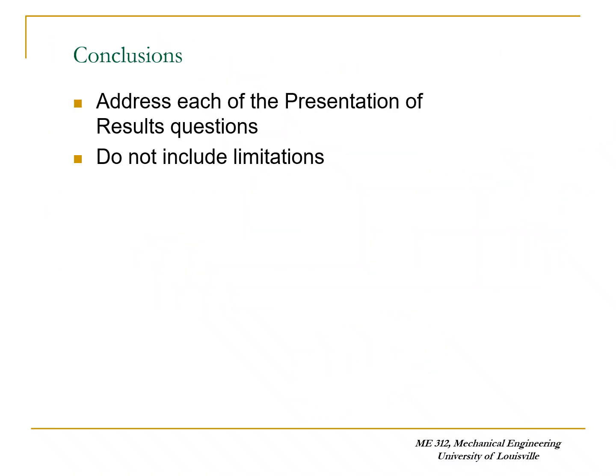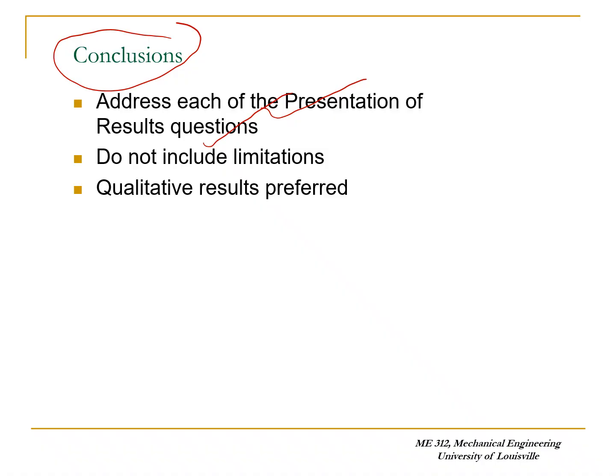In relation to lab, you should address each of the presentation result questions. So in relation to our lab, try to answer the questions that have been asked in the lab manual. It doesn't always have to be, but try to write qualitatively whatever results you get.